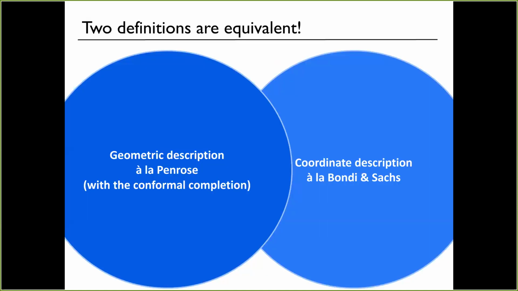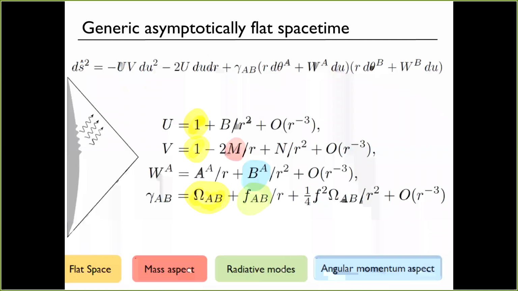Now you may wonder, okay, but I saw just 2 different definitions of asymptotically flat spacetimes, and in fact, they're completely equivalent. So the geometric description out of Penrose with the conformal completion technique, that just had those 2 conditions, is completely equivalent, and in fact can be your starting point to derive this metric with this particular falloff.